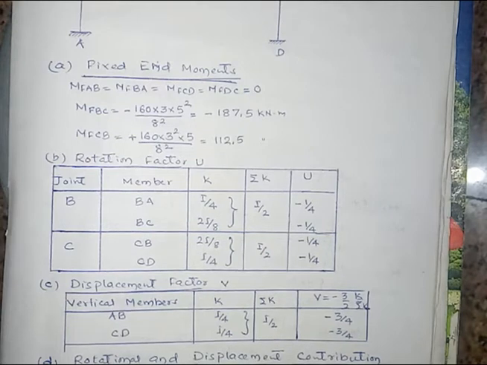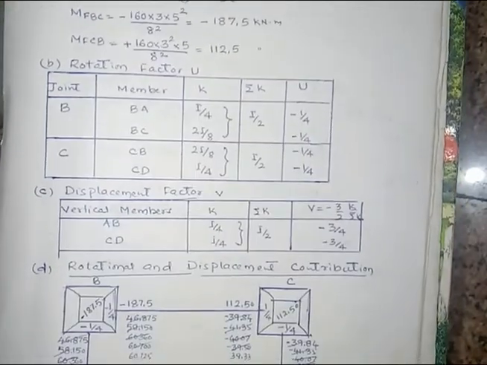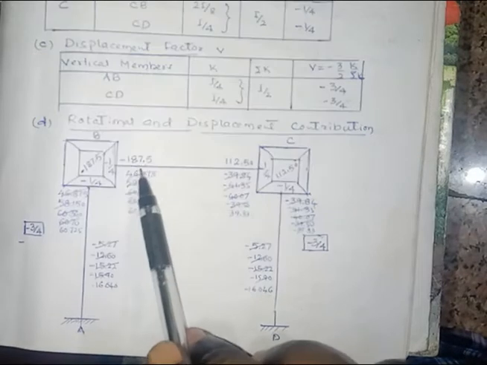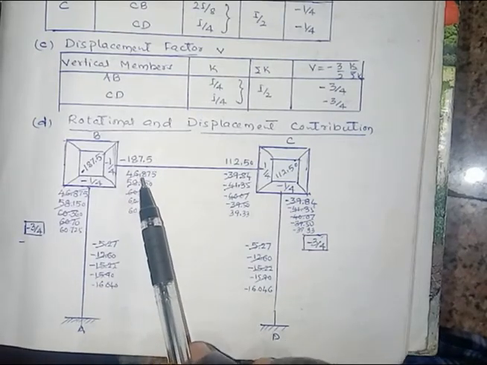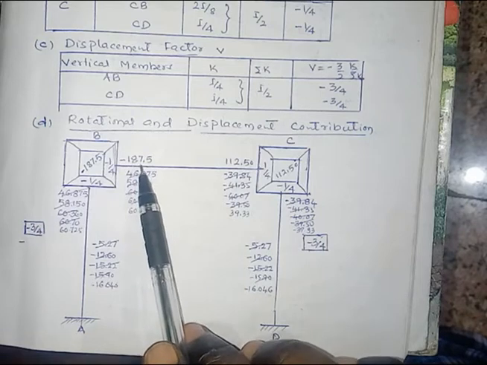Here the fixed end moment MFBC that we have calculated is minus 187.5. That is the rotational, the fixed end moment.